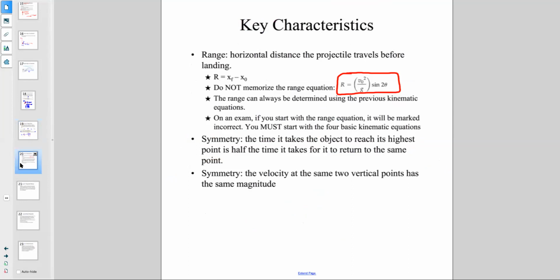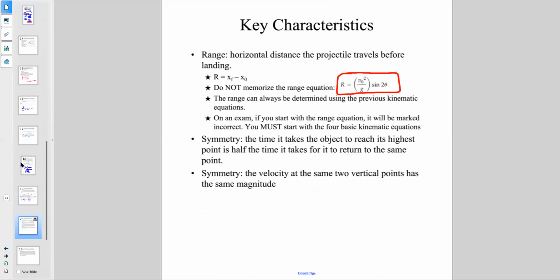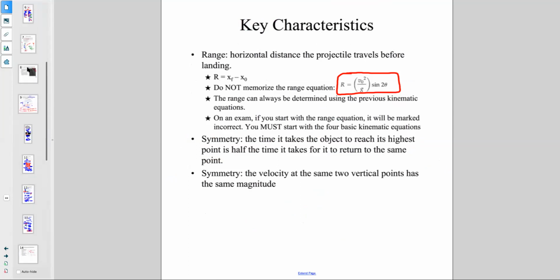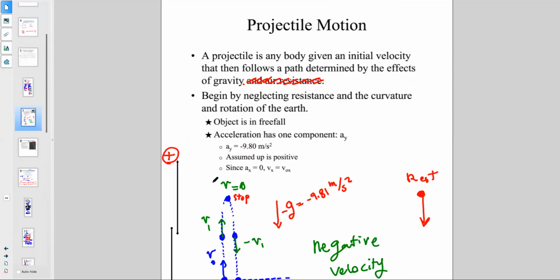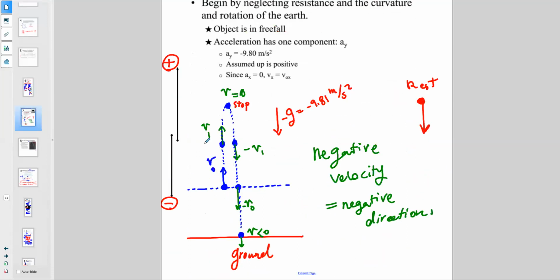And the velocity at the same two vertical points has the same magnitude, and that is something that we have seen before. At the same height, for example, these two points have the same height, they have the same magnitude of velocity.